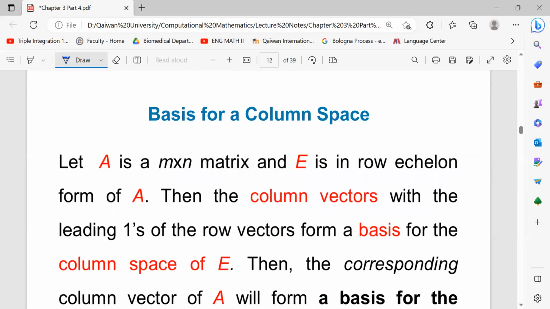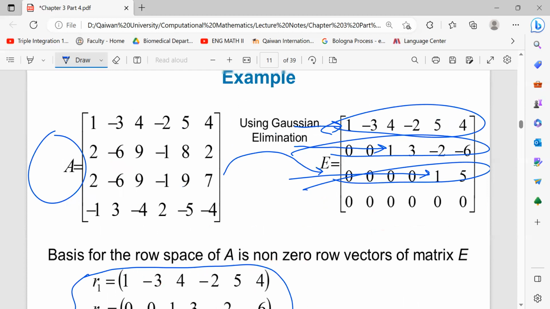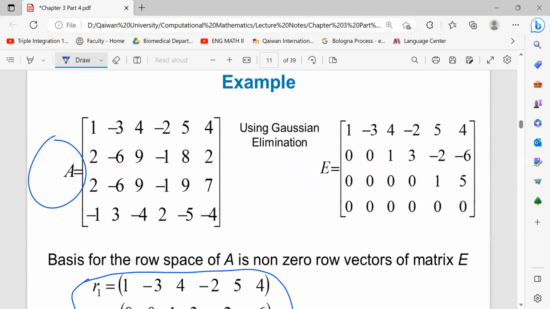Then we have the basis for the column space. We do the same. But here, let me explain on this example. After changing the matrix to reduced row echelon form, what do we choose to be a basis for the column space?